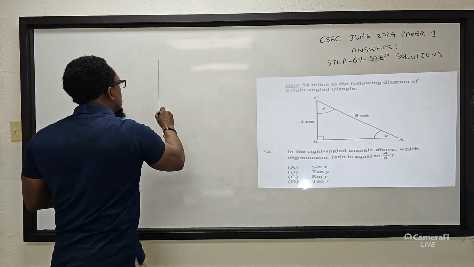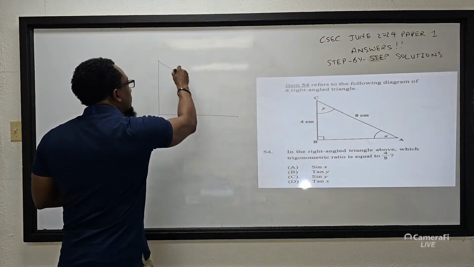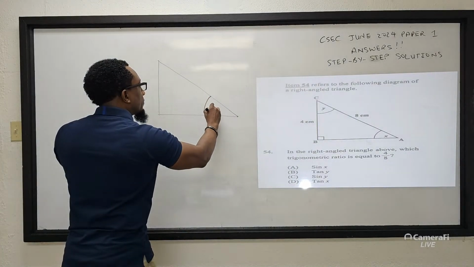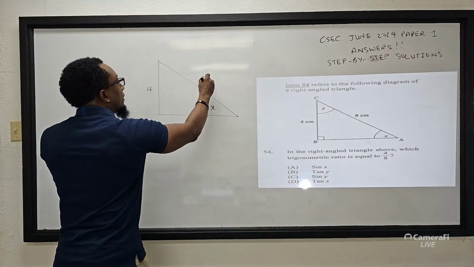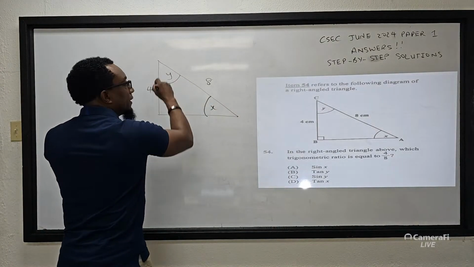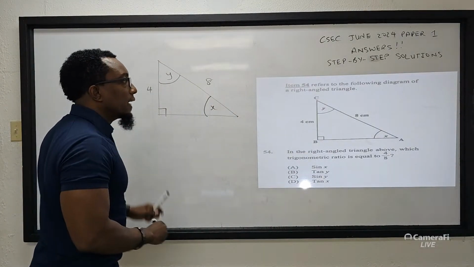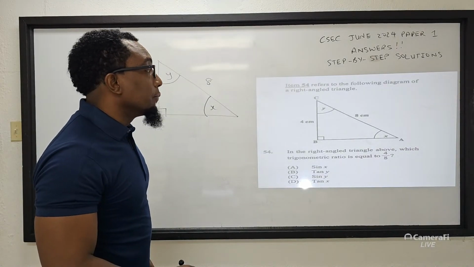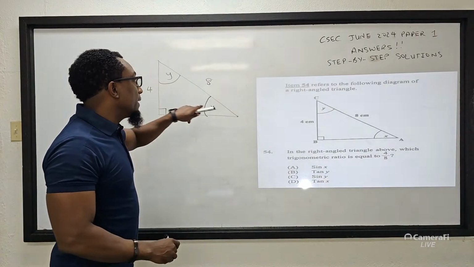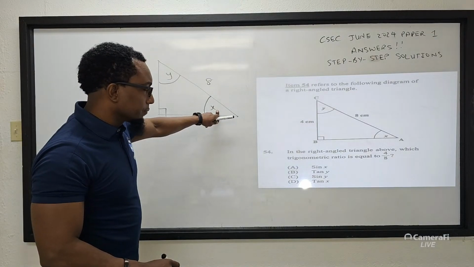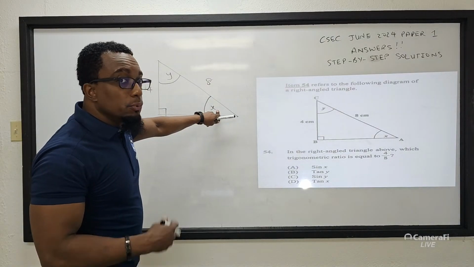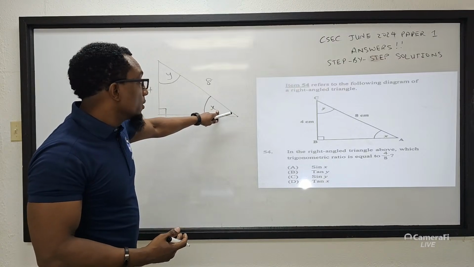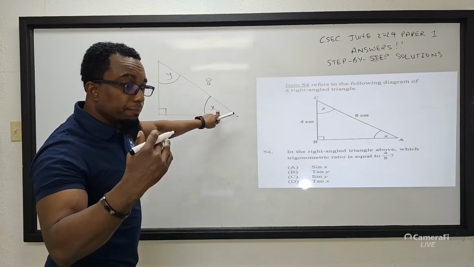When we did this question in our review exercise, we know that if this is x, this is 4, this is 8, this is y here, this is a right angle triangle. If we have to determine the ratio 4 over 8, what will allow that to happen? We are using our trigonometric function in relation to this angle x.